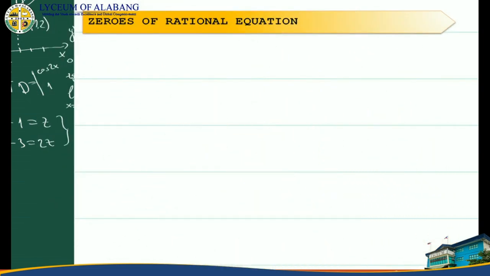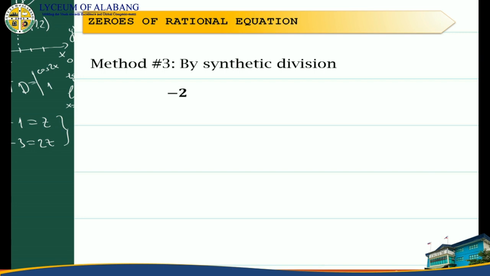And the last example, method 3, using the synthetic division, is another way to find the zeros of the rational equation. For example, negative 2 is the divisor. Divide to the coefficients of the dividend, which are 1, 3, and 2. Now, bring down the leading coefficient, which is 1.